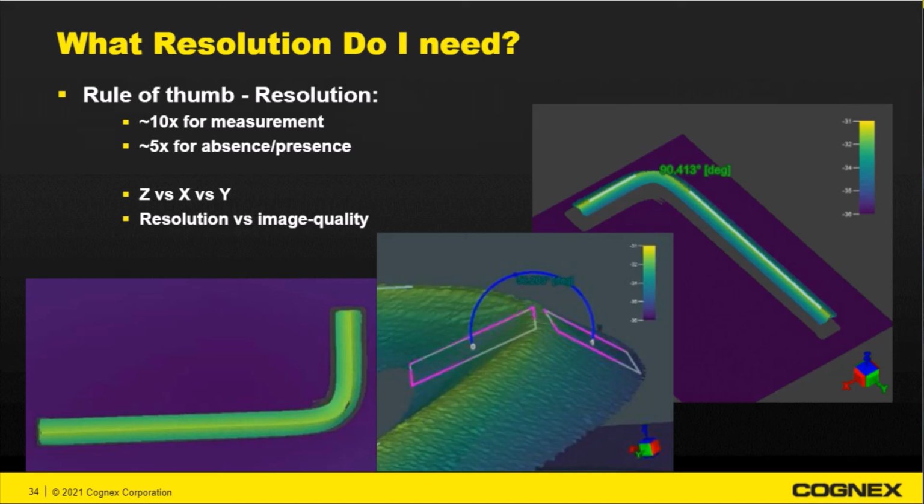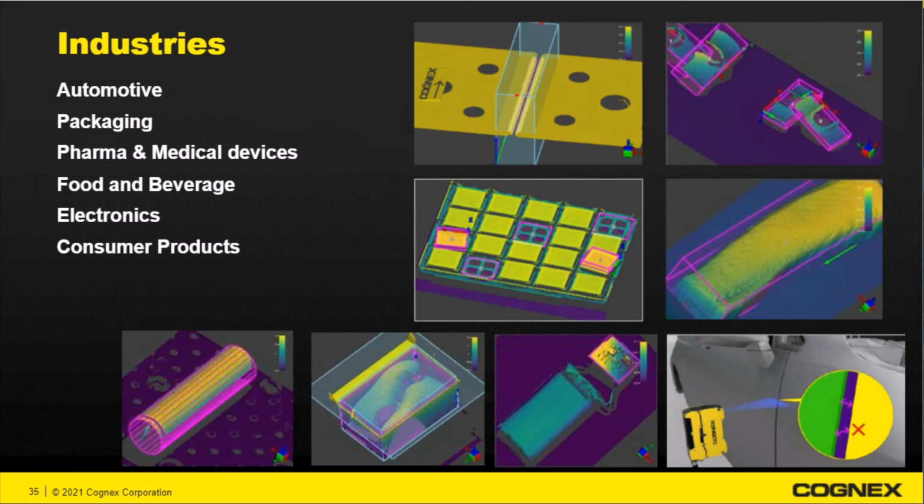So Jesper, what are the industries we're targeting? Yeah, we've shown some examples of the industries today to give you an idea on how you can benefit from using the new Insight 3D Smart Camera in your industry.